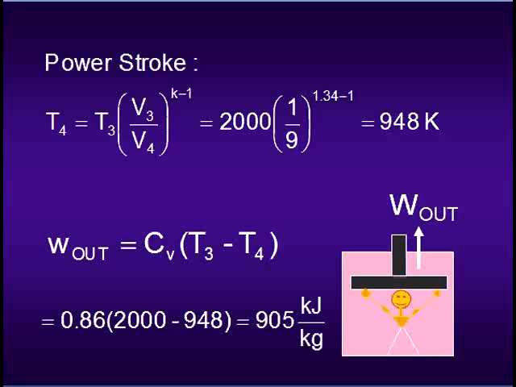The fluid is staying in the cylinder, and since it's not moving in or out, we have no flow work, and we'll use internal energy rather than enthalpy. Remember, with a flowing process, we'll use enthalpy to calculate the changes in energy. At any rate, we find the work that's received is 905 kilojoules per kilogram.